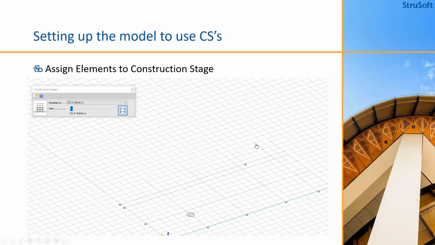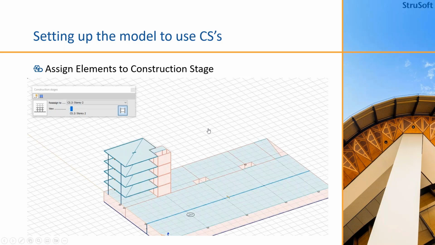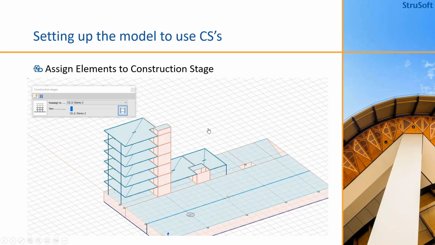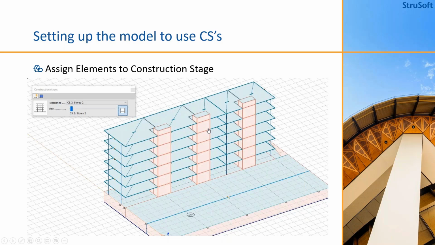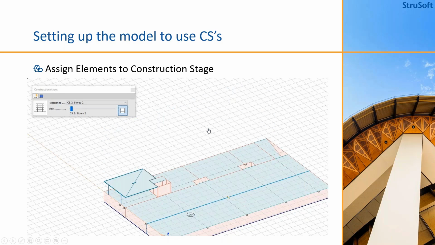And if you've done it correctly, it's possible to then view the construction stage sequence. And by pressing the little film here, it's possible to then see that this is the way it will be built.